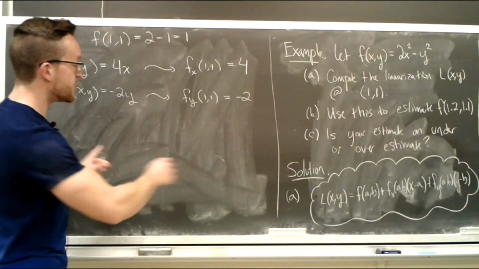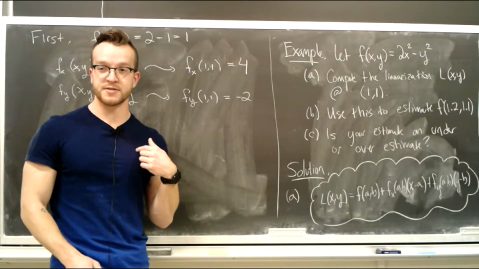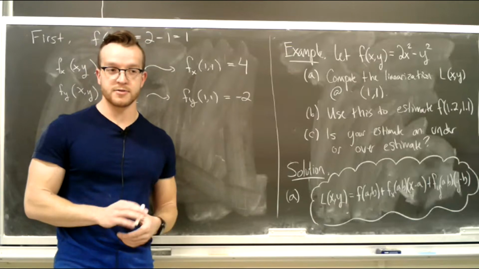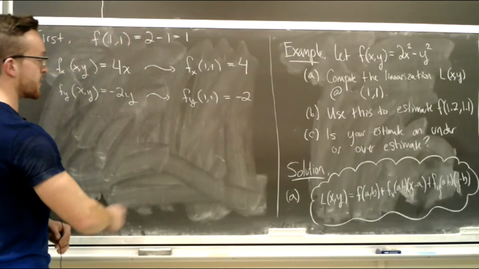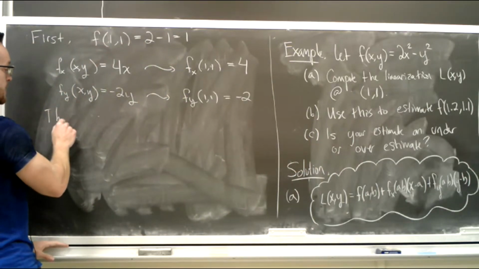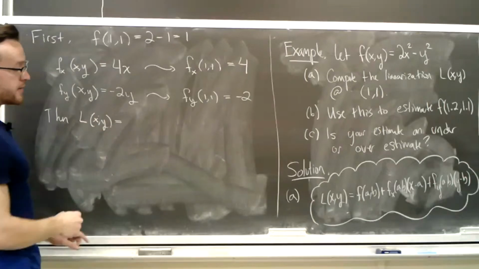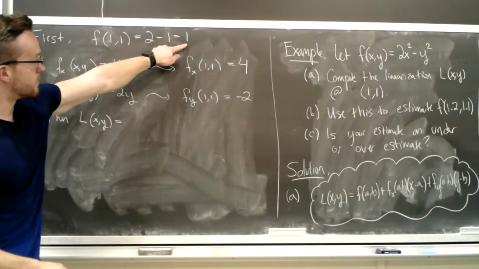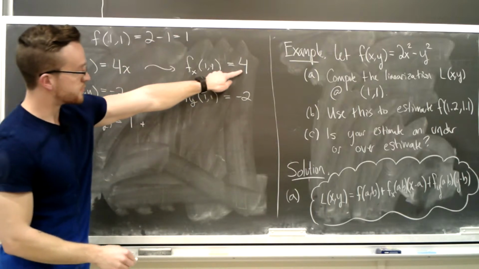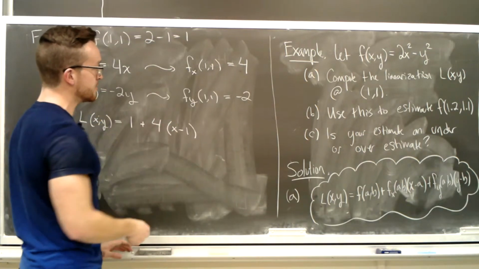Okay, well, let me write down the linearization, and then I'll make a comment because I was the one that graded the linearization question on the midterm, and I just wanted to point out maybe a common mistake that I saw. Anyway, if I write out this formula, that tells us that the linearization at the point xy is f of AB, that was 1, plus the x derivative is 4 times x minus 1.